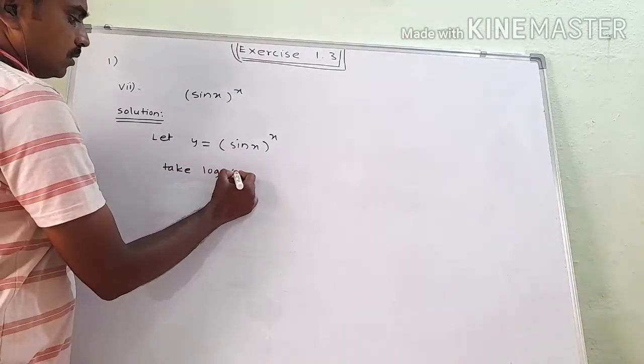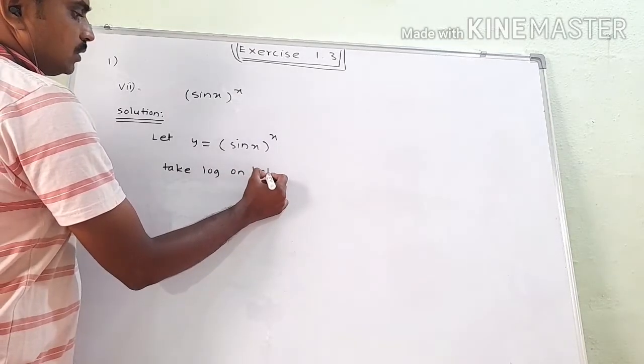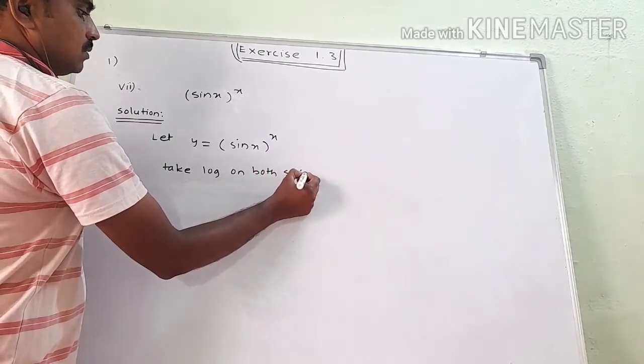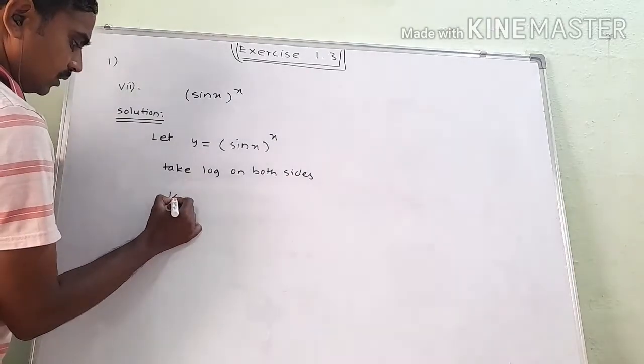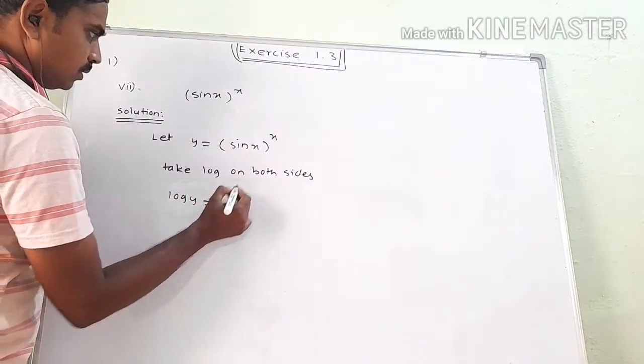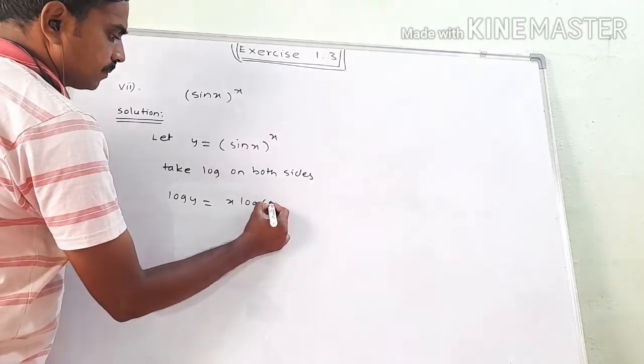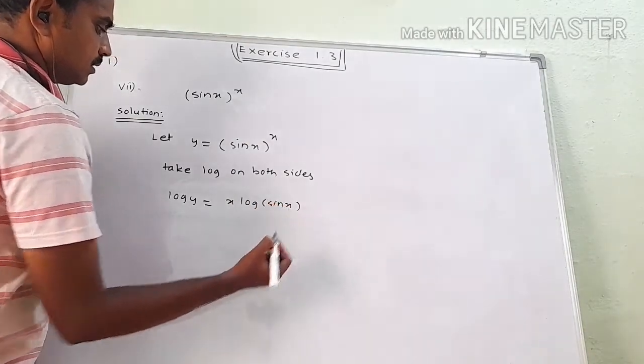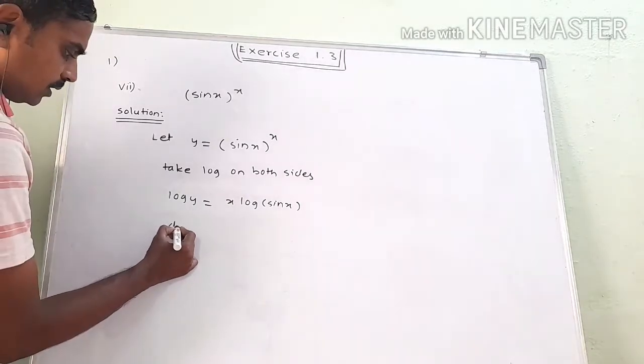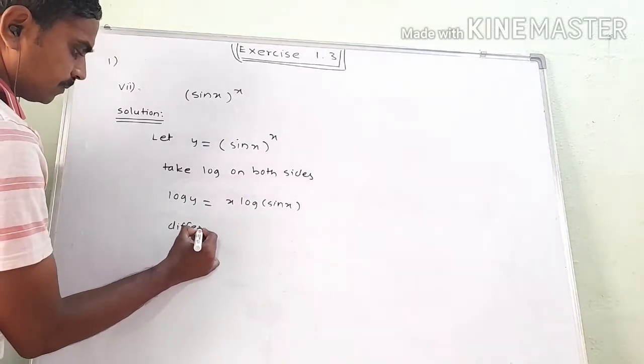We have to take log on both sides. Then we get log y equal to, the power being in multiplication, x log of sin x. Now we can differentiate.